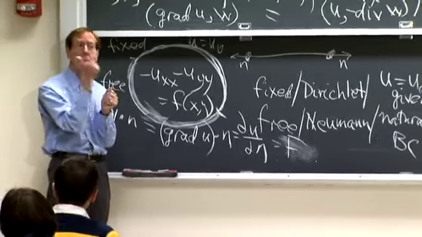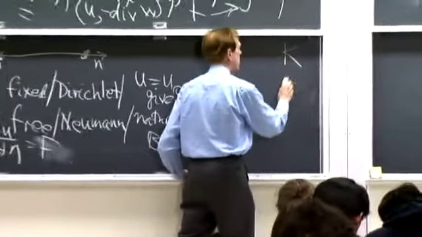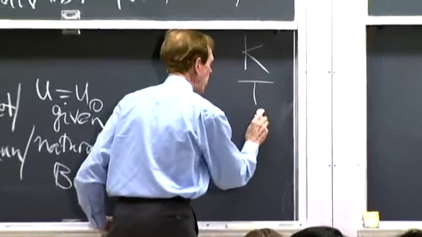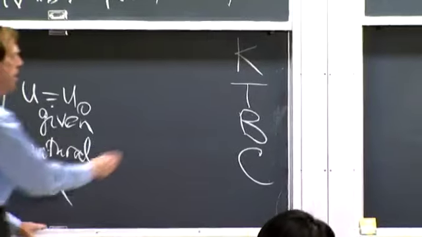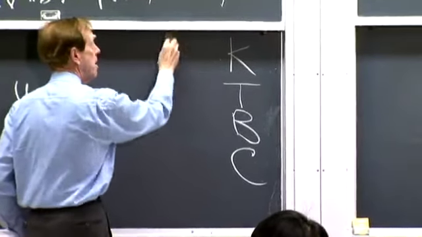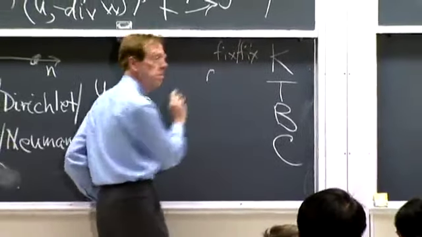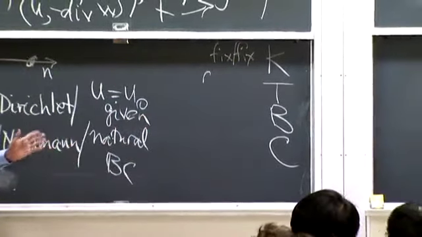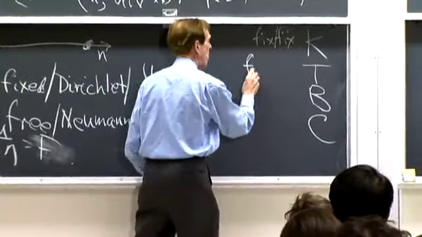What was its name? Was it K? You remember the first day of class? The unforgettable four matrices. So this was fixed. This one was, you could tell me better than I can remember. T was free-fixed, and that was still okay.